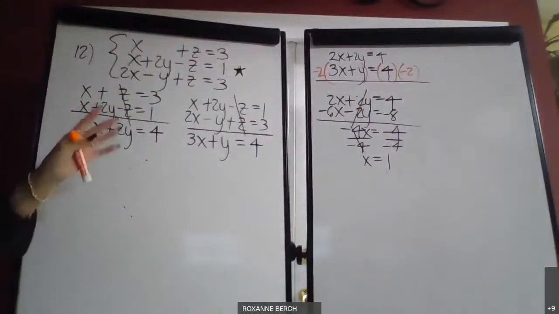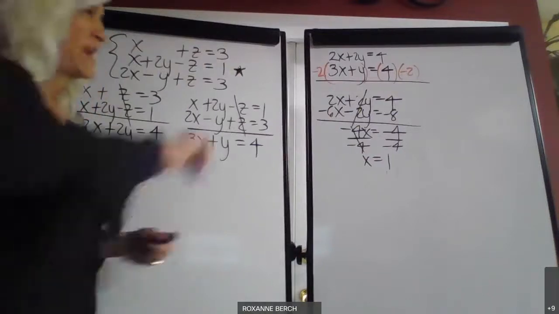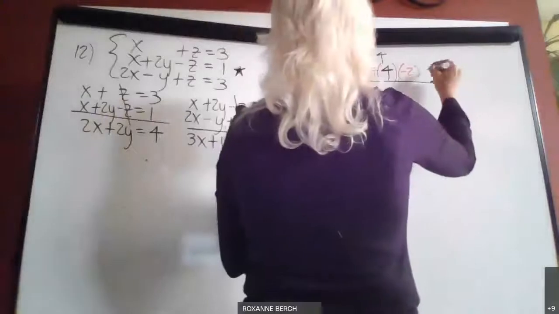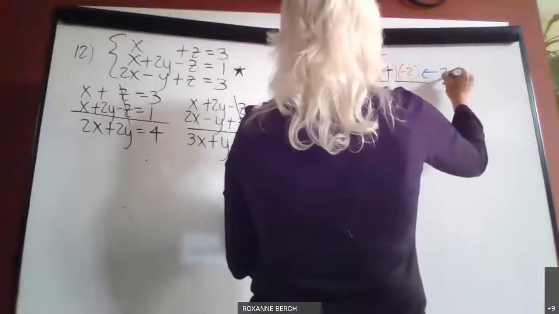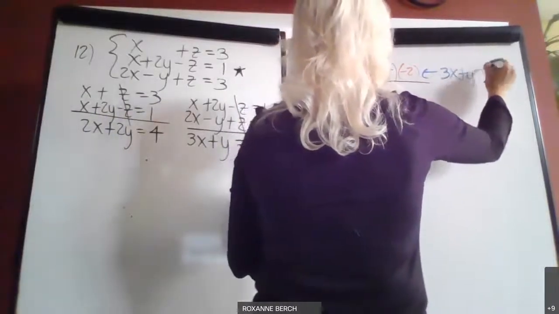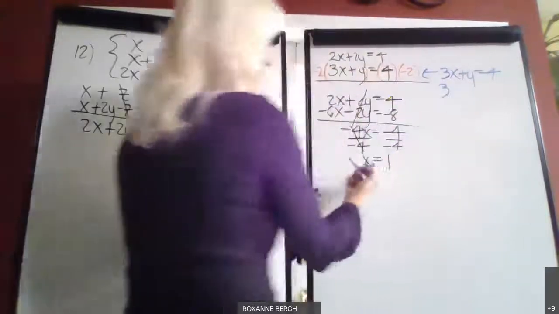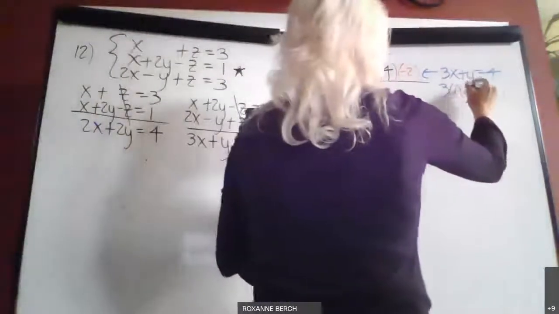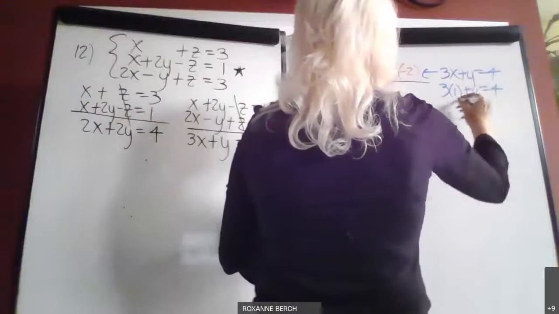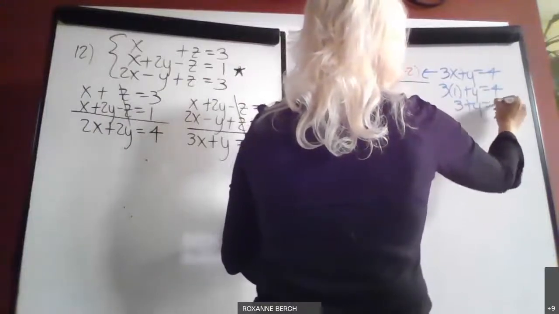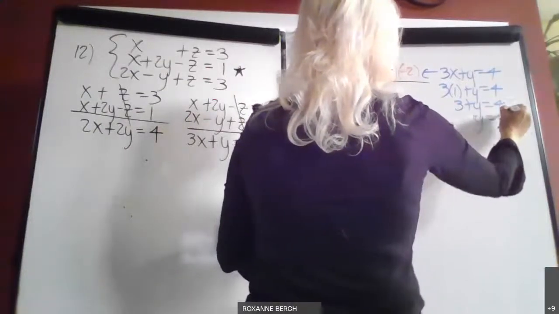So now you're going to plug that into one of the equations. I'm just going to plug it into the black one. So it'd be 3x plus y equals 4. So that'd be 3 times 1 plus y equals 4. 3 plus y equals 4. y equals 1.